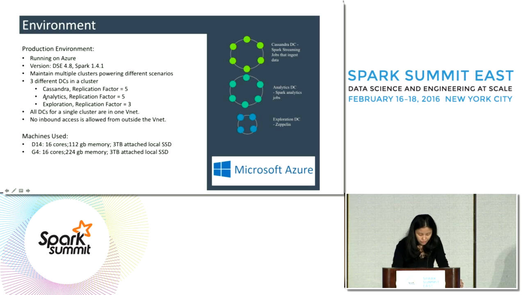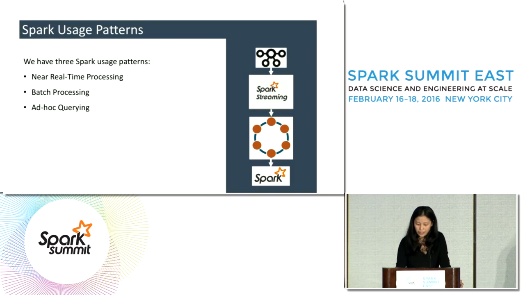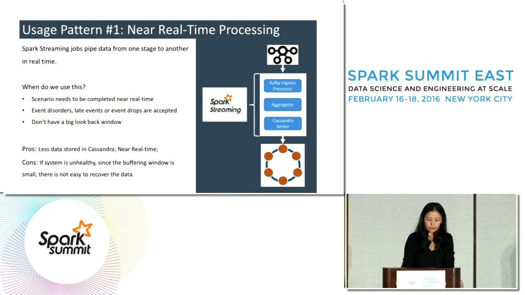Okay, so all our scenarios fall into 3 different usage patterns: near real-time processing, batch processing, and ad hoc querying. The first usage pattern I'd like to talk about is near real-time processing. After taking the data from Kafka, the Spark streaming job will do all the aggregations.